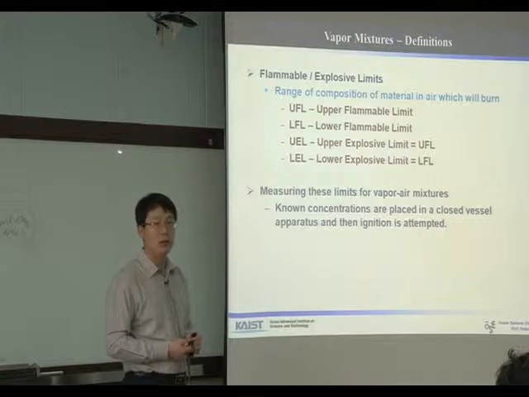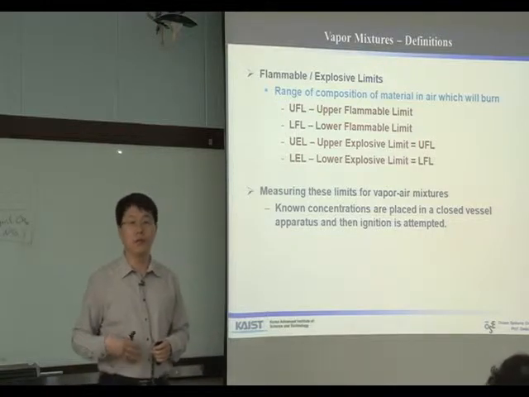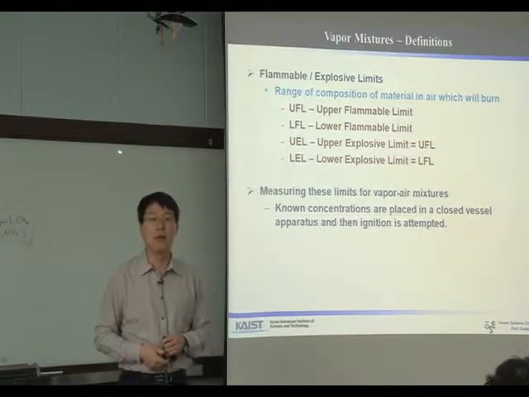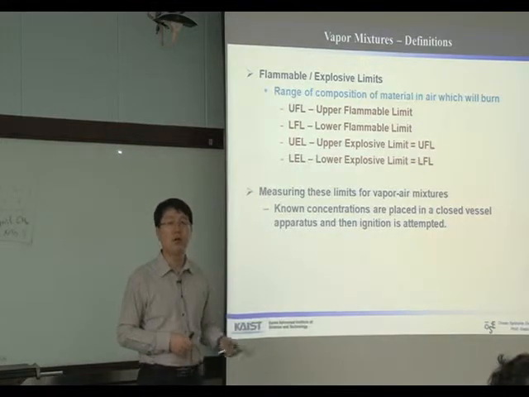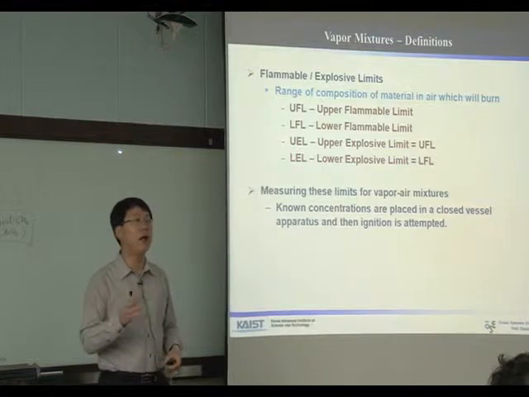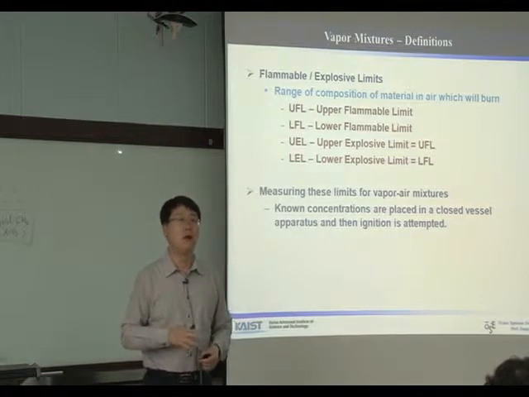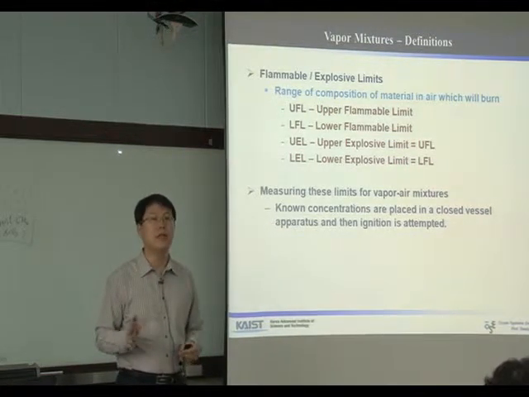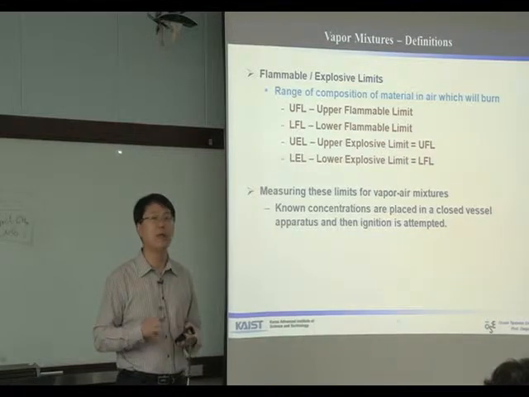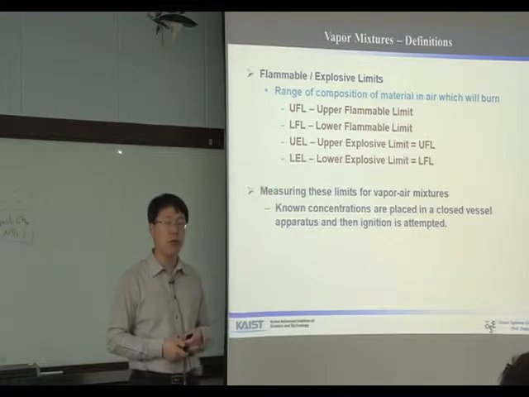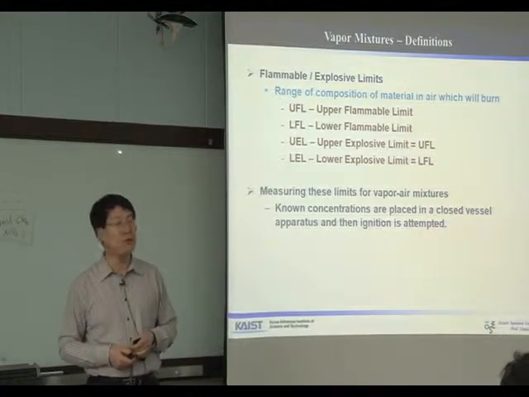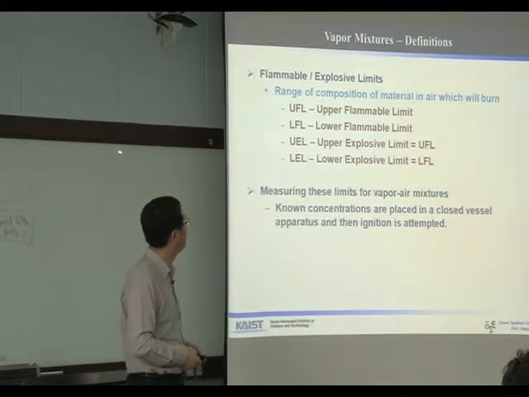UEL is just the concentration for explosion. So UEL is equal to UFL. Fire and explosion are basically the same phenomena, except for their speed. So UEL is equal to UFL, LEL is equal to LFL.